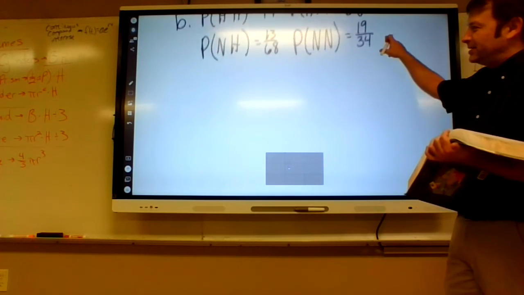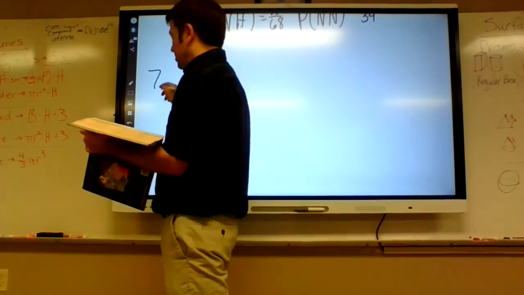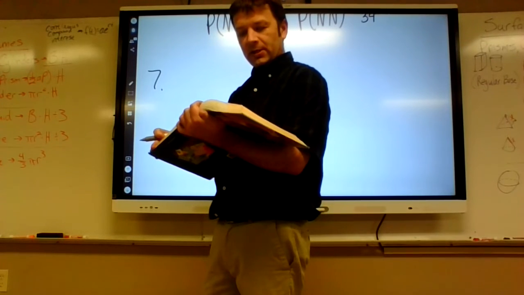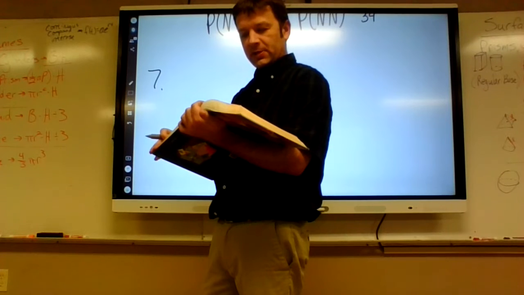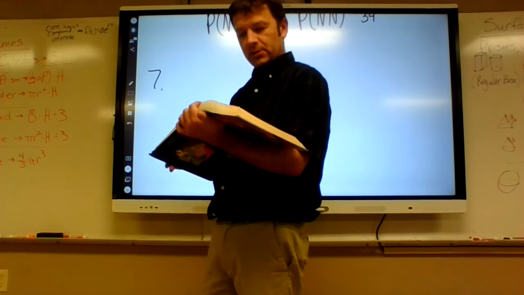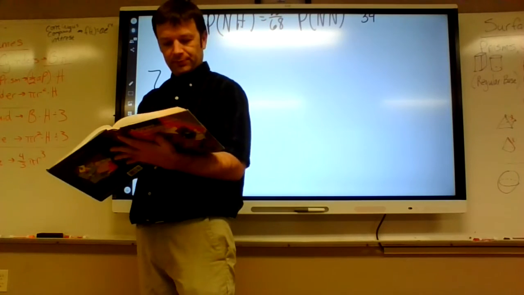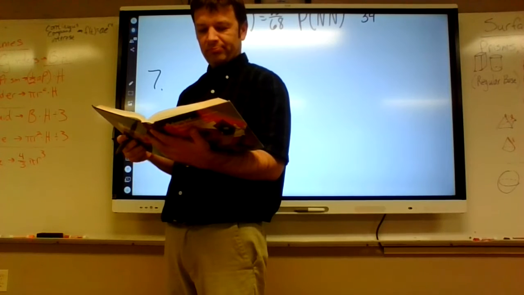Okay. Number 7 took longer than I thought. A card is randomly chosen from a standard deck. Show that the events face card and diamond are independent, because taking a face card out won't affect how many diamonds are in the deck.